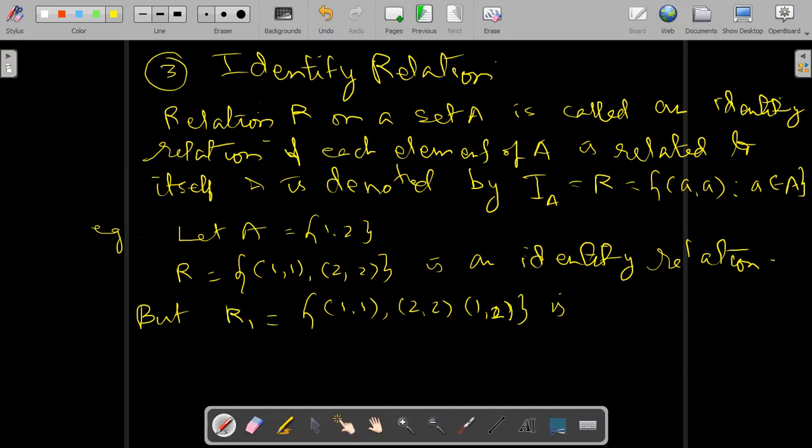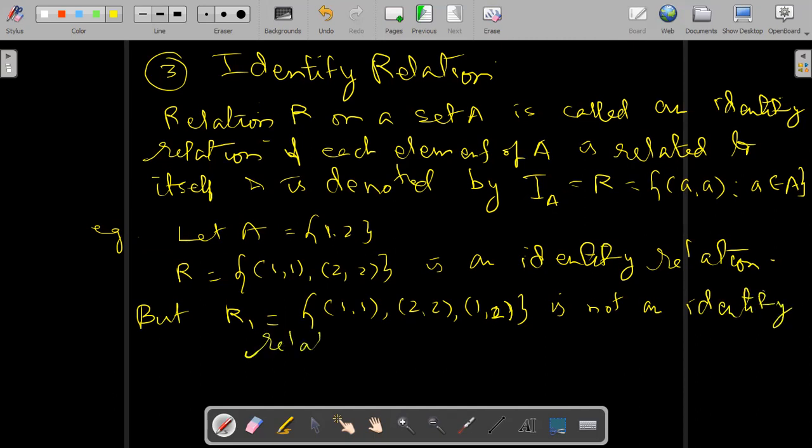All the numbers should have their doublets. You can say doublets, as in throwing dice, we have seen doublets. So only doublets should be there when it is an identity relation. If any other ordered pair comes, then it is not an identity relation.